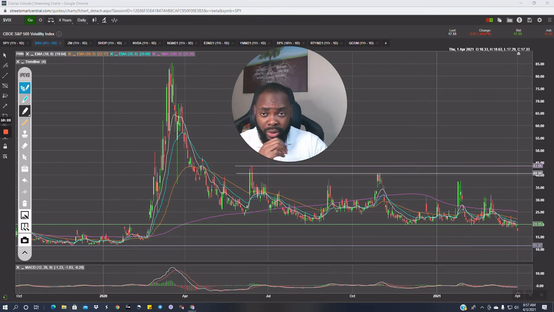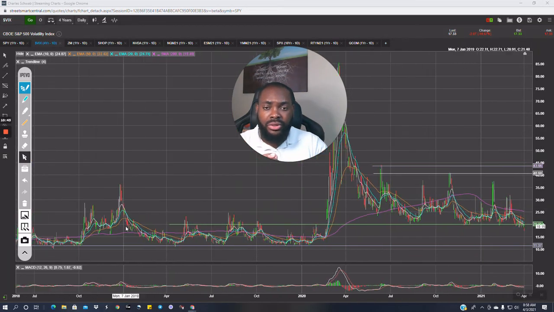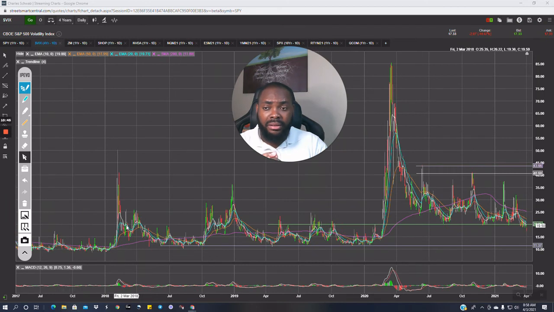Well, guys, look at what is really taking place right here, right now. We have a situation where the VIX has officially broken below 20, which means that the next support level for the VIX is around 11.37. Guys, this simply means that the VIX is coming back to the way it used to behave prior to that 2020 COVID market crash.